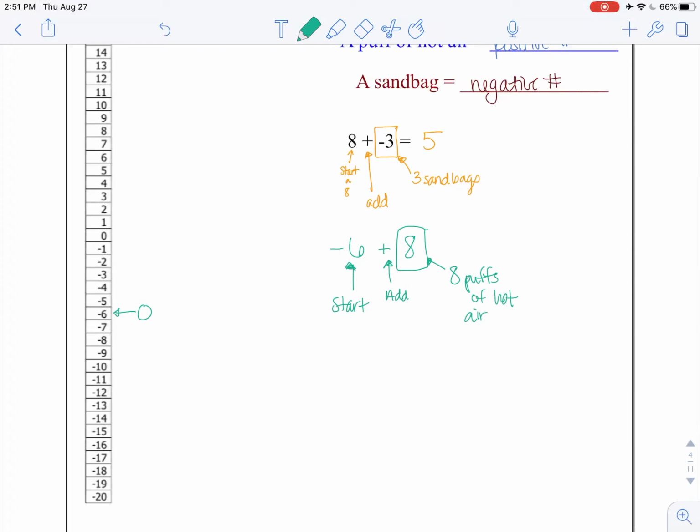So is that going to make my hot air balloon move up or down if I'm adding more hot air? It's going to move it up. So it's going to move it up 1, 2, 3, 4, 5, 6, 7, 8. And we are now going to be at the level 2. Okay, so that's pretty basic stuff.